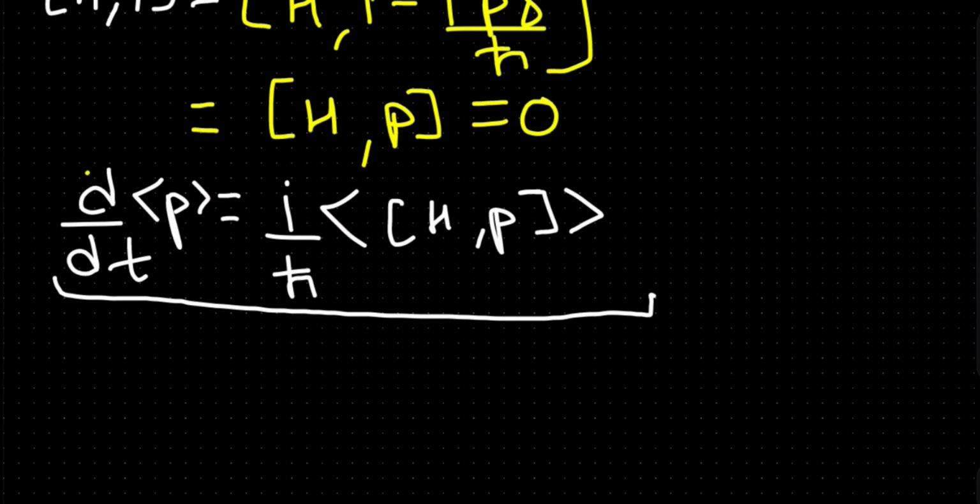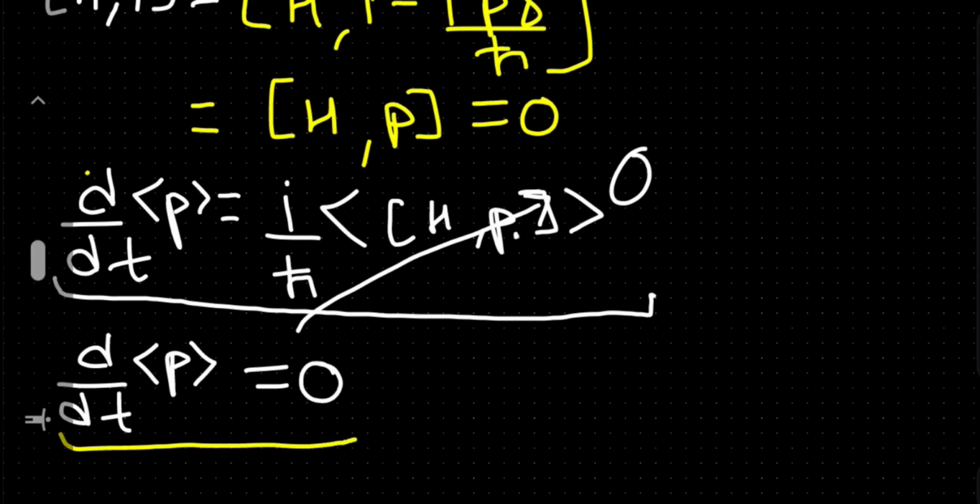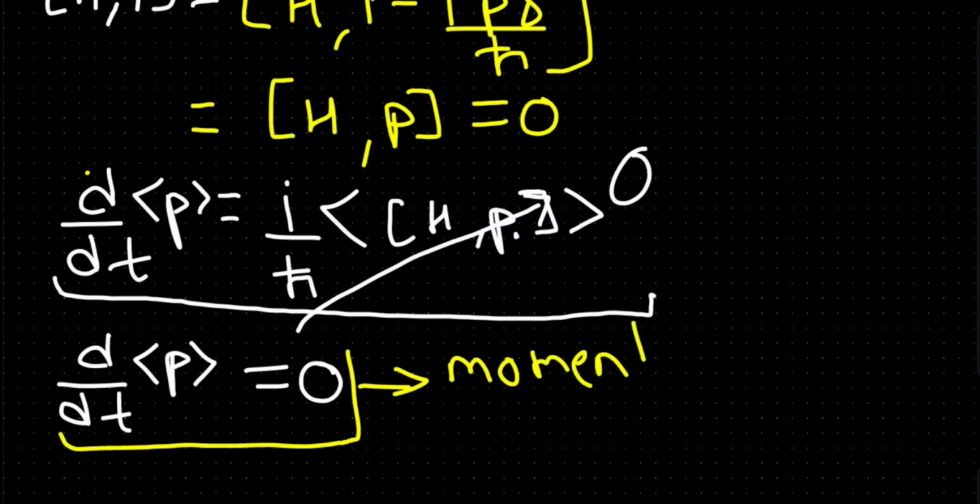Here we have imagined the operator to be P, and putting P in, you get the commutator as 0. The meaning is that d by dt of the momentum expectation value is equal to 0. And this implies that there is momentum conservation.